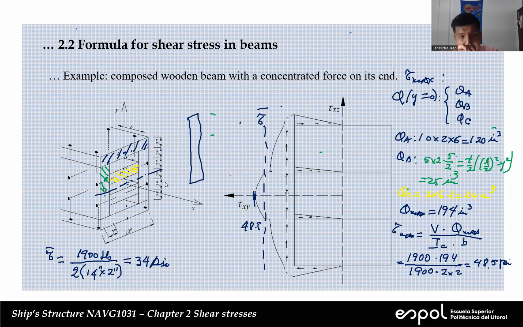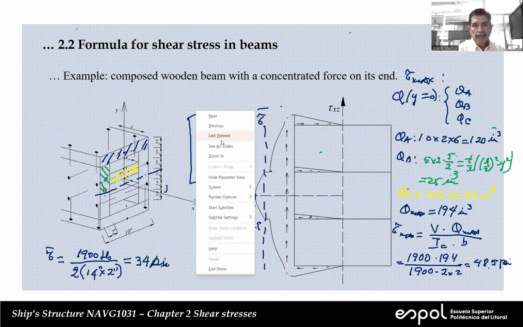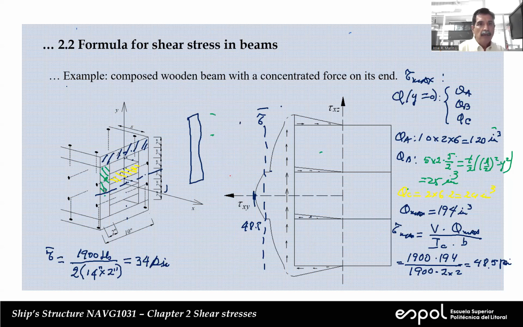Right now, this is what we are doing. Okay, I'm taking the upper half, right? This is the section. So I have this imbalance force.